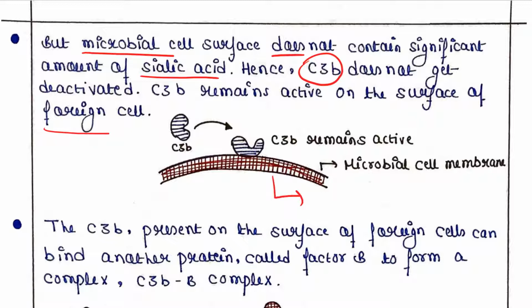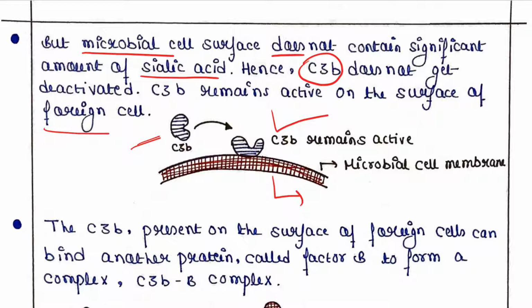The C3b generated spontaneously in our body will bind to the microbial cell membrane, and since sialic acid, which deactivates C3b, is absent here, C3b is not deactivated at all.